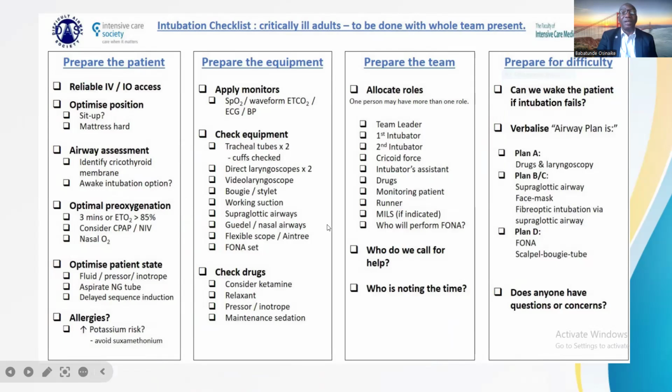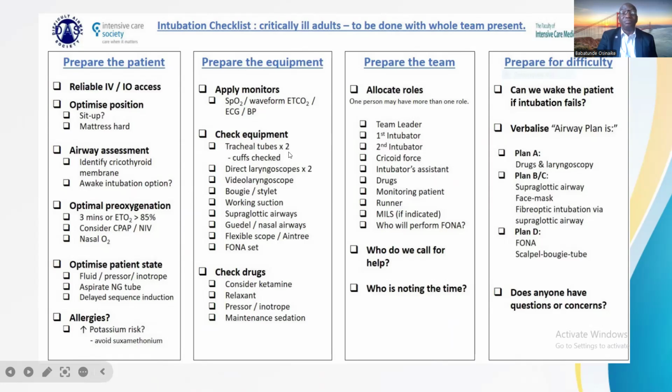There are about 4 sections here: preparing the patient, preparing the equipment, preparing the team, and also preparing for difficulty. These are important things you need to look at before you intubate this patient. This is very, very important, because you will discover that this has covered most of the things you are likely to need.